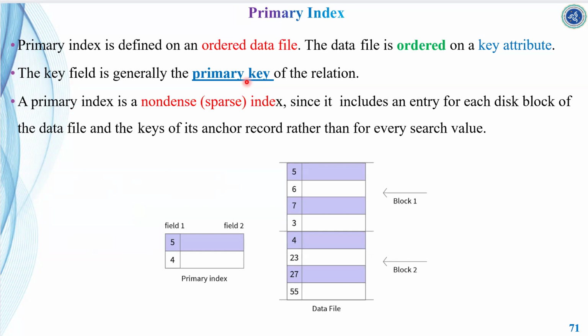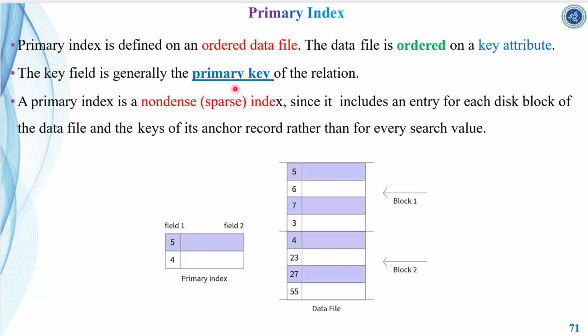Therefore, the name primary indexing. As the index is composed of the primary key, the constraint for the primary key is that they are unique, right? So every field value will have a unique value, and it will not have any null value also. And it will have a one-to-one relationship with the data blocks.